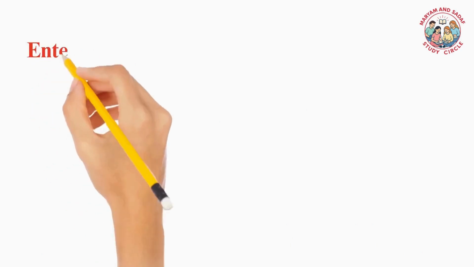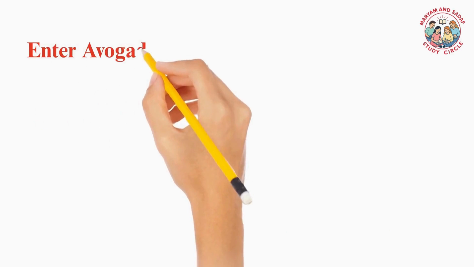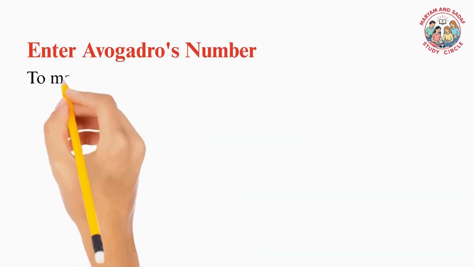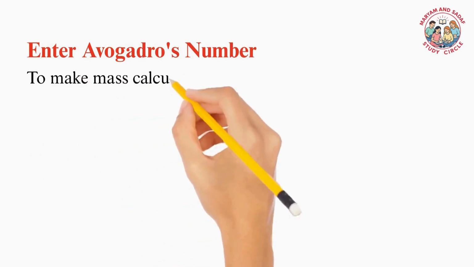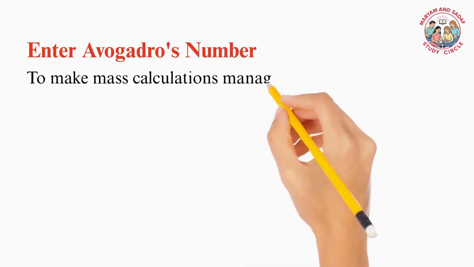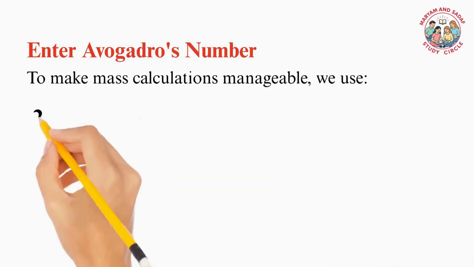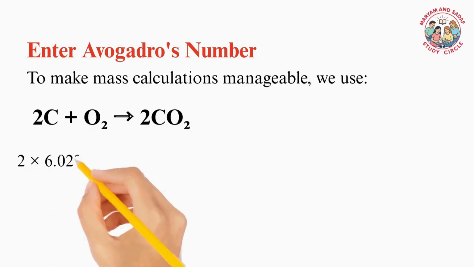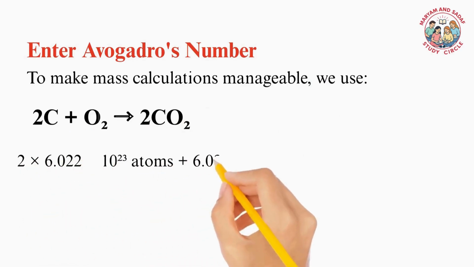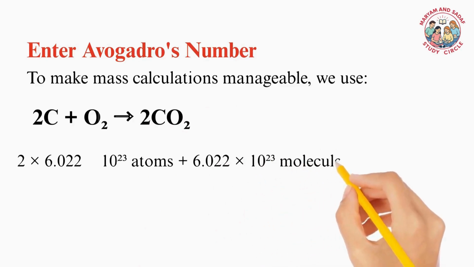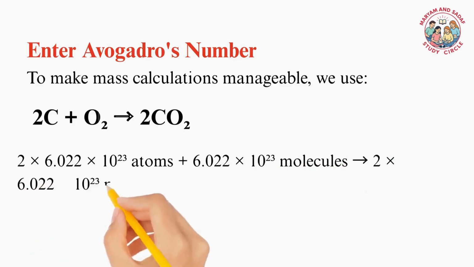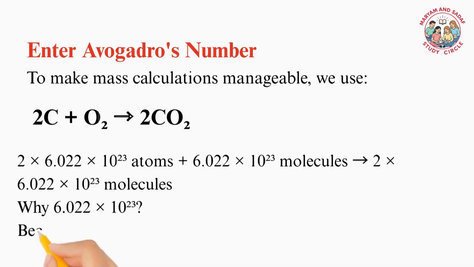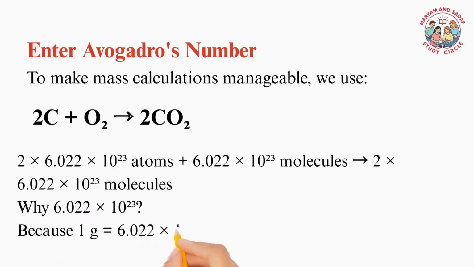Enter Avogadro's number. To make mass calculations manageable, we use 2C plus O₂ gives 2CO, with 2 times 6.022 times 10 to the 23rd atoms plus 6.022 times 10 to the 23rd molecules giving 2 times 6.022 times 10 to the 23rd molecules.